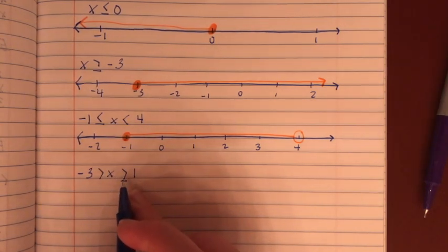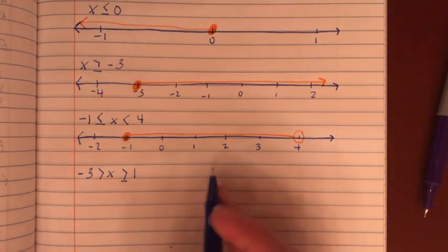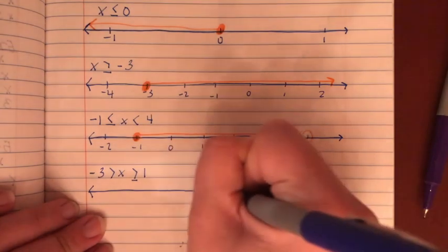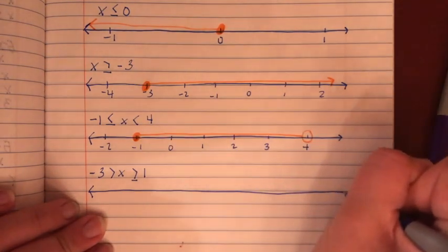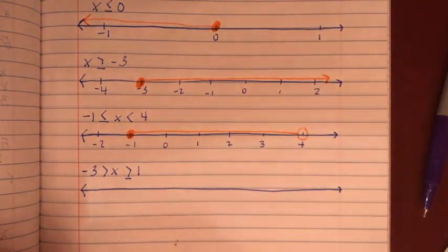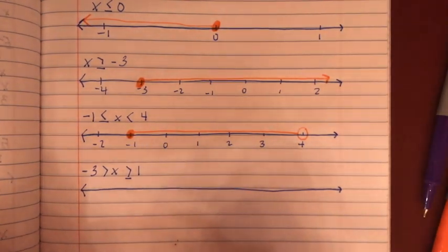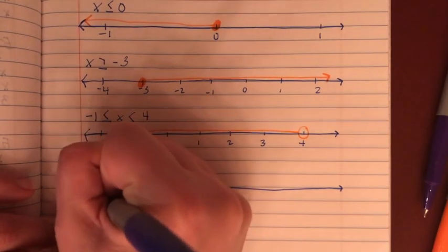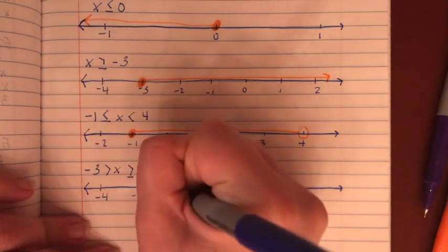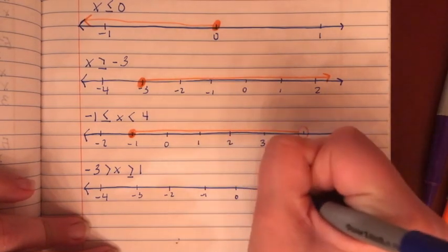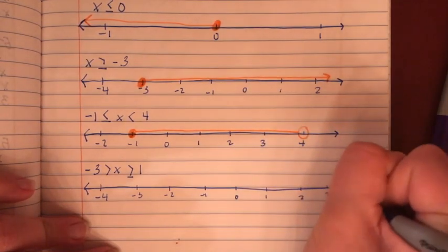X is greater than or equal to 1, so that would be this direction. So let's draw our number line. And again, you're probably really not going to see any like this. Potentially for like maybe an x squared type of problem, or an absolute value, but you won't really see that this year. So we'll go -4, -3, -2, -1, 0, 1, 2, 3.